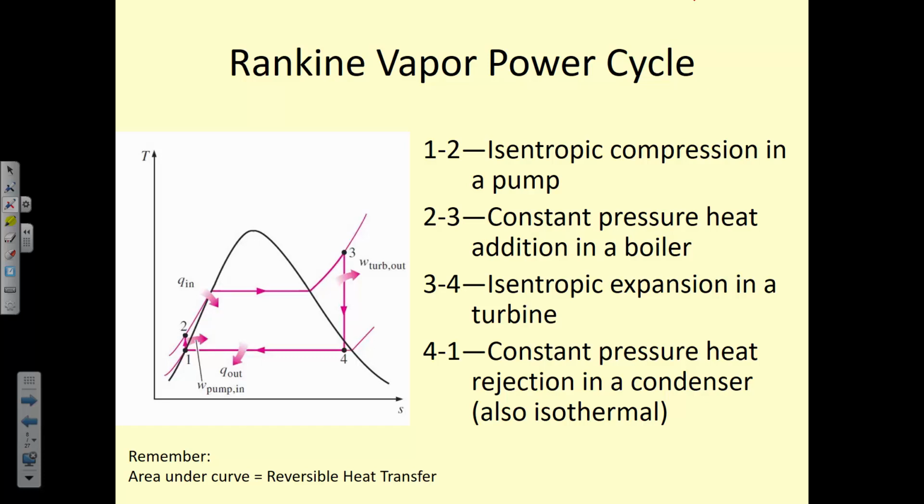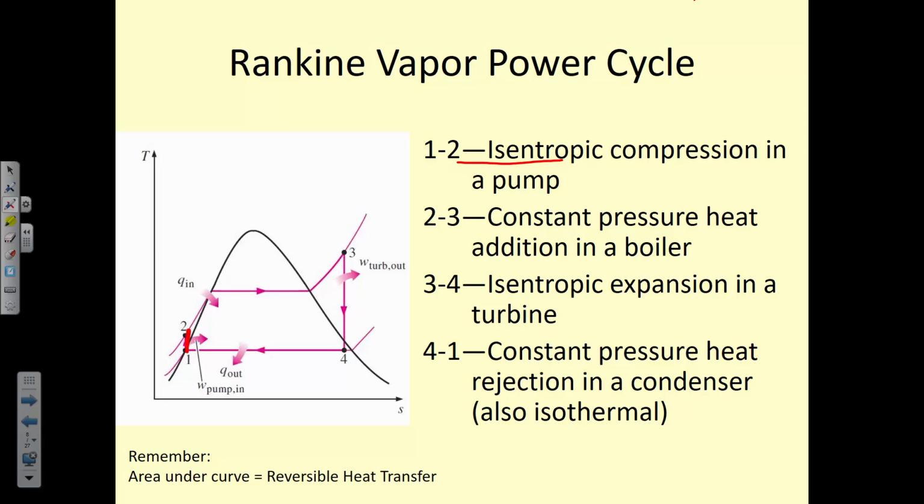So when we look at the vapor power cycle, in the ideal case, state 1 to 2 will be isentropic compression. So we're increasing the temperature of the fluid slightly. It's exaggerated on this diagram, but we're increasing the pressure sometimes significantly. In many cases, we're going from on the order of 100 kilopascals to 5 megapascals up to the boiler pressure.